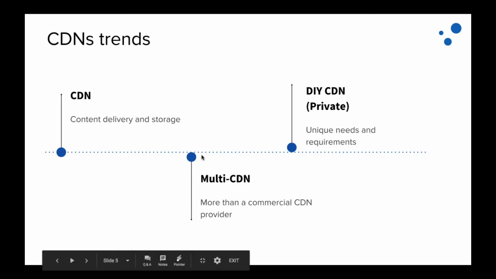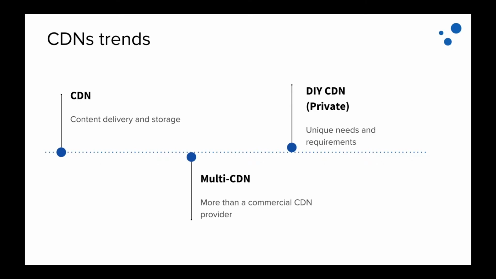It basically means that businesses and websites use different CDN providers to reach different regions. Just to give you an example, if you have a website and you have business both in Europe and in China, most likely you're going to rely on 2 different commercial CDN providers to cover those 2 different regions.